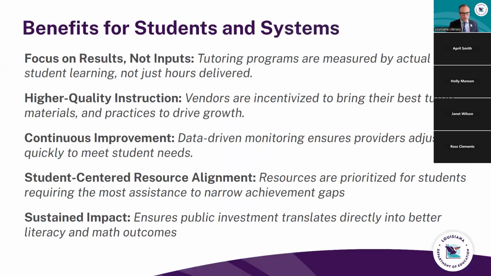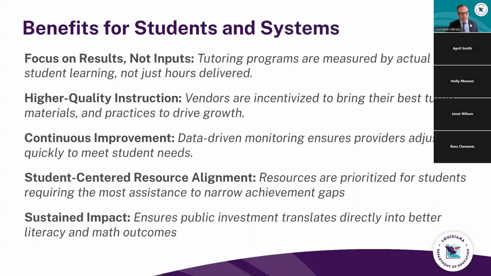First, let's look at some of the benefits of OBC from the school system point of view. Ultimately, OBC is about improving student learning. First, it ensures tutoring is measured by results, not just hours. Second, it incentivizes vendors to bring their best tutors and instructional materials, raising the quality of support students receive.